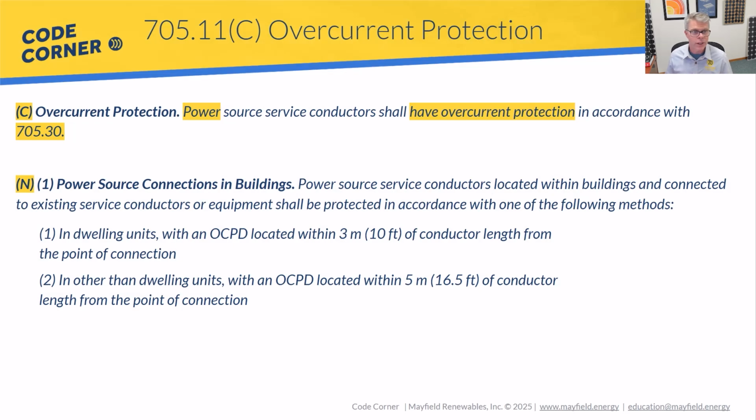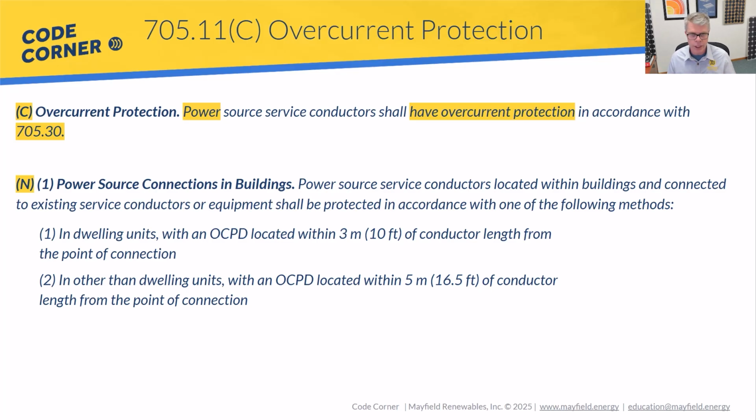So with that, let's look at the actual language itself. I'm not going to necessarily read this to you, but for those of you familiar with 2020, this is going to look very familiar. What it comes down to is these distance limitations for our conductors. I'm going to show you a couple of images in the upcoming slides as well.